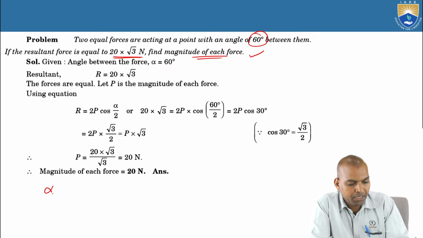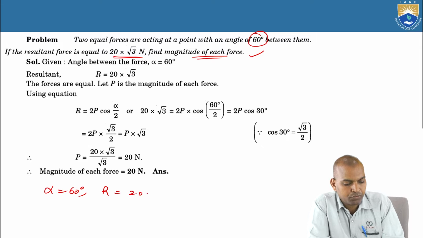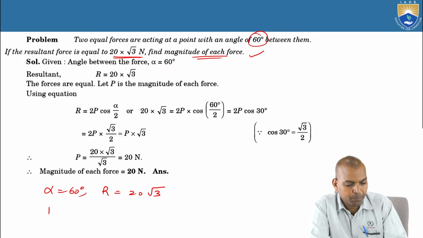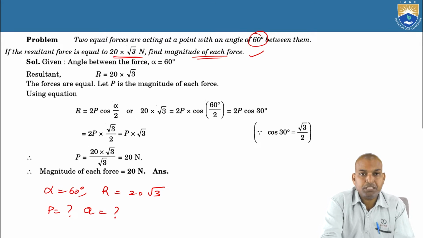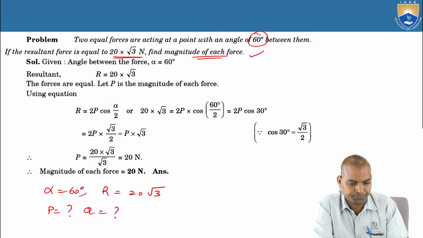So here alpha equal to 60 degrees and the resultant force R equal to 20 times root 3. But we need to find what the P value and the Q value are. Here, two equal forces are acting.